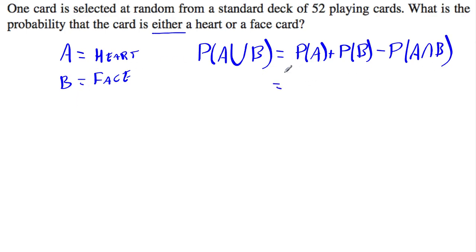Well, the probability I have a heart is 13 over 52. And the probability I have a face card is 12 over 52.